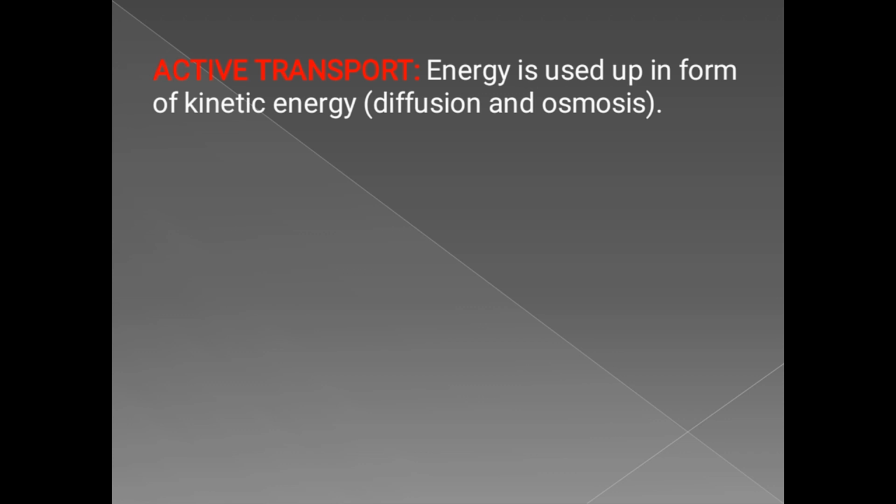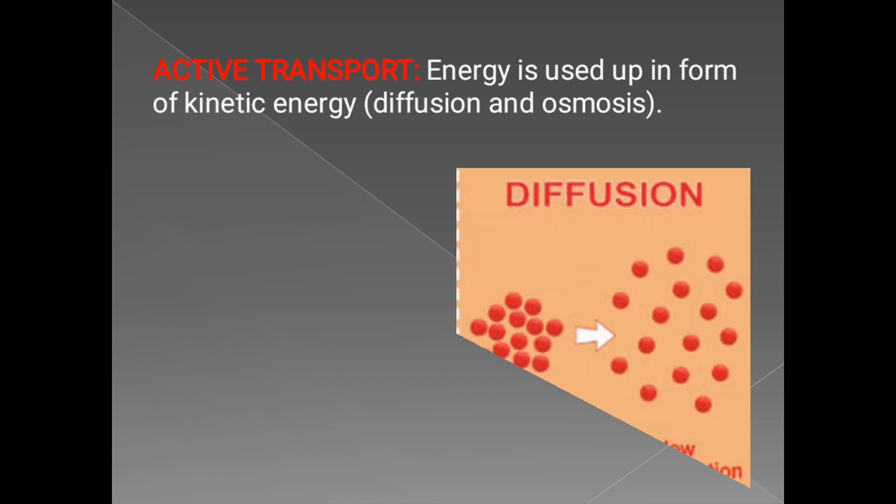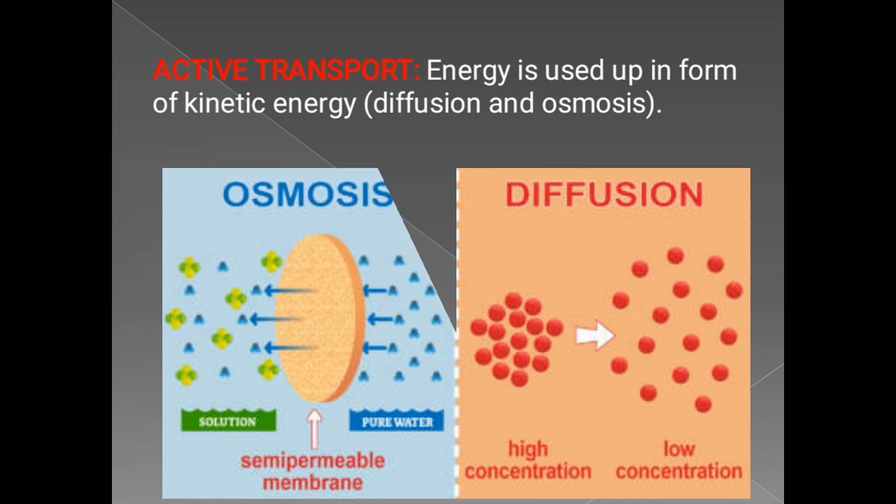The second energy requirement is active transport. This energy is used up in the process of diffusion and osmosis. Remember, diffusion is the movement of ions from a region of higher concentration to a region of lower concentration, while osmosis is the movement of water molecules from a region of higher concentration to a region of lower concentration through a semi-permeable membrane.